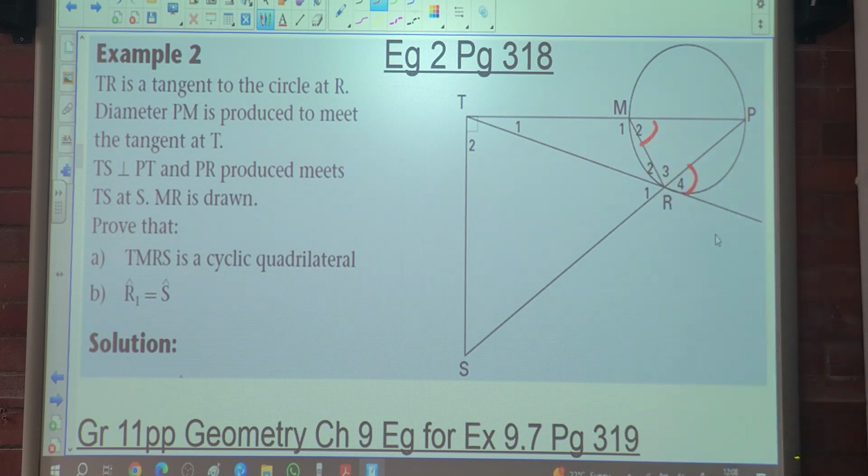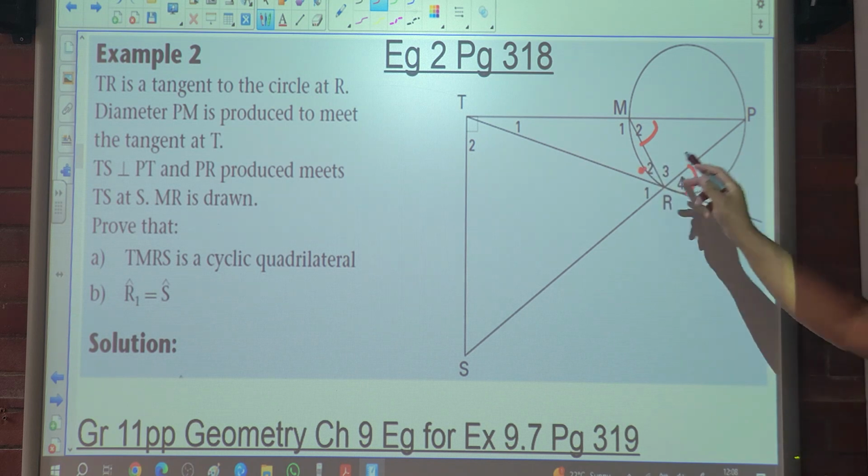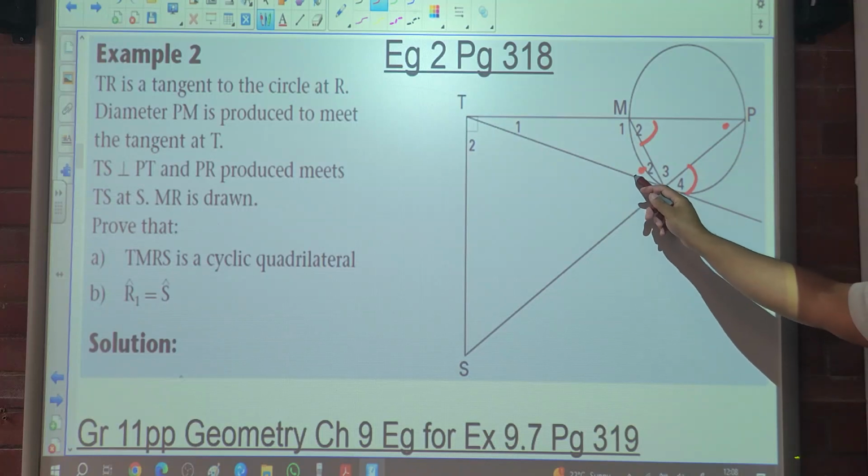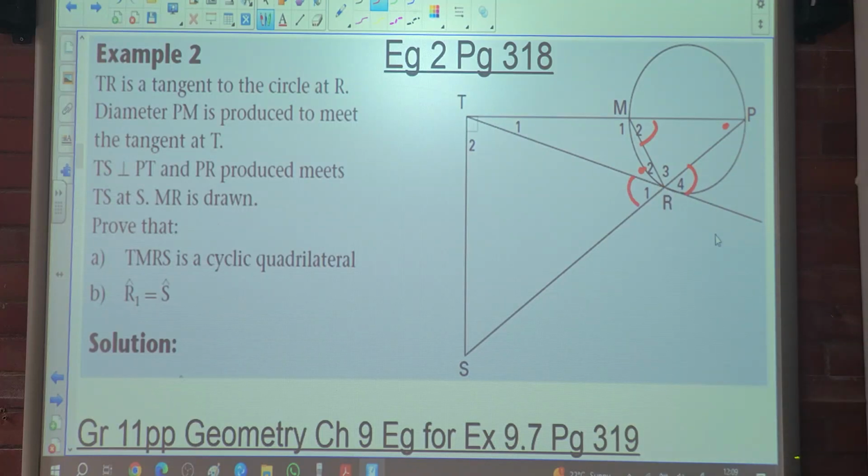Why? Tan chord theorem. What else? R2 is equal to angle B if needed. She's saying R1 is equal to R4. Why? Just by knowing that it's a tangent.